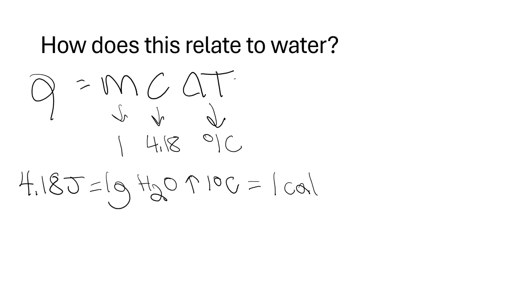But anyways, if you lay around all day, you can still burn, I forgot what it is, but like 800 calories a day if you don't do anything. So what I plan to do over winter break is lay around, and if I eat 800 calories a day, I'm not going to put on any weight. So that is how this relates to water.